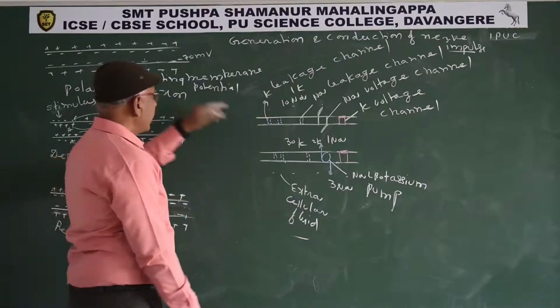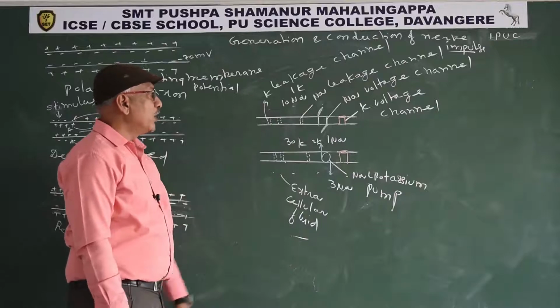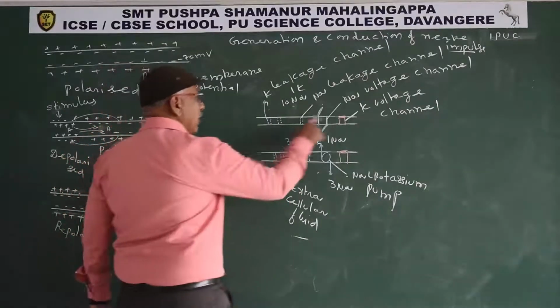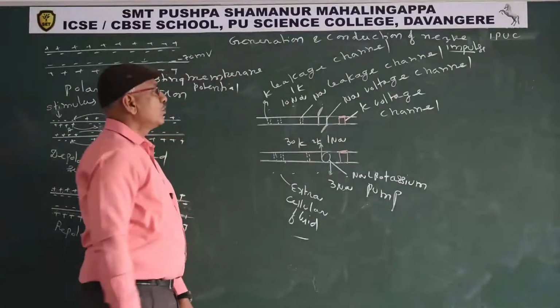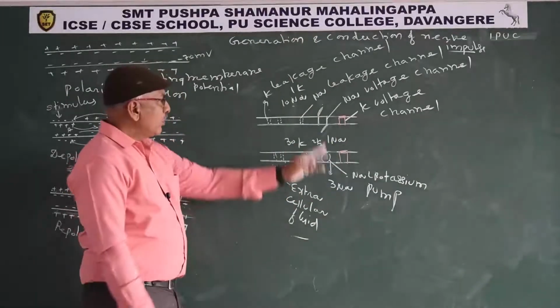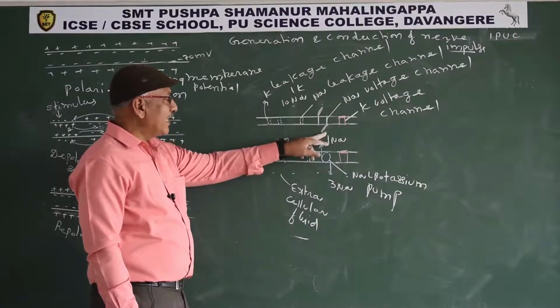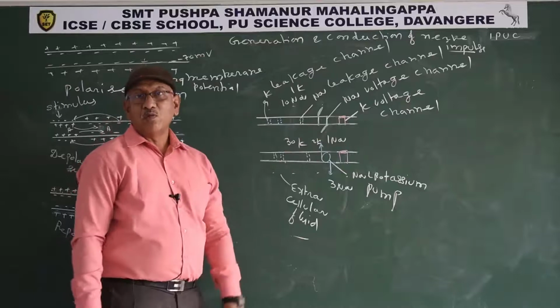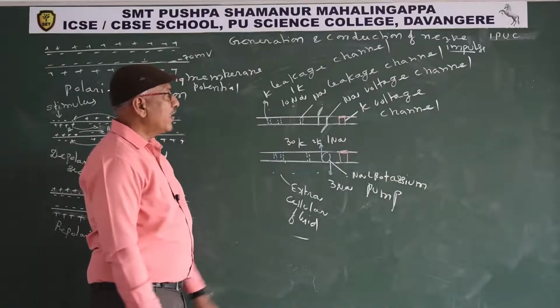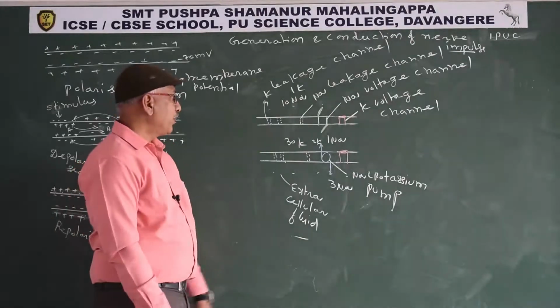At rest, potassium leakage channels are more numerous than sodium leakage channels. The axolemma also contains sodium voltage channels and potassium voltage channels. The sodium voltage channel contains two gates, the activated gate and the inactivated gate. The potassium voltage channel contains only one gate, the activated gate of potassium.